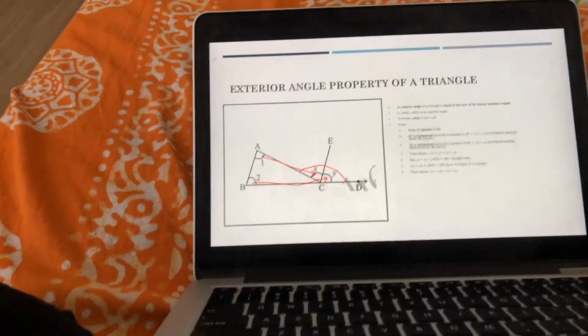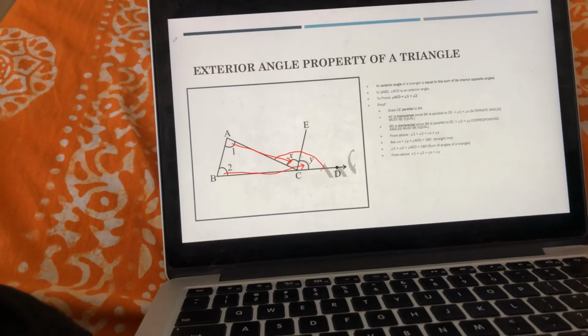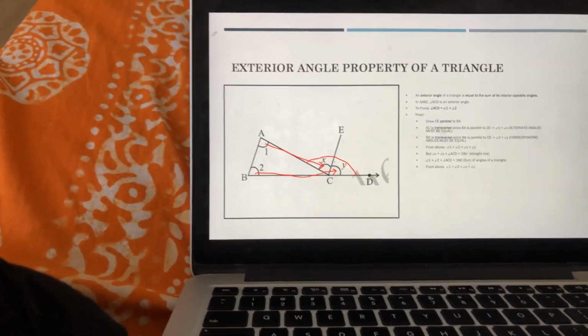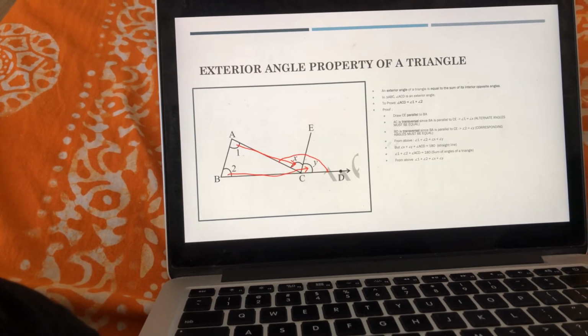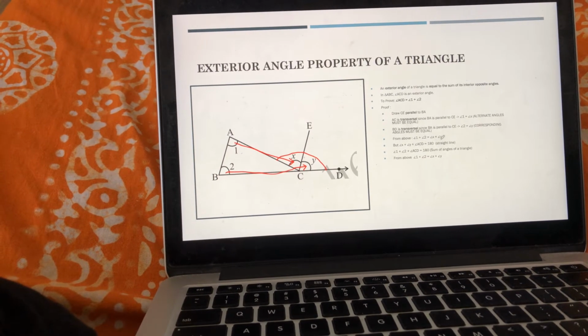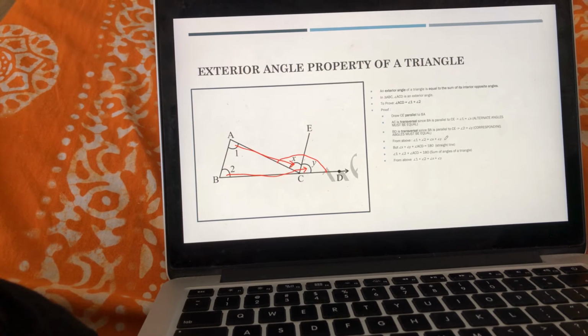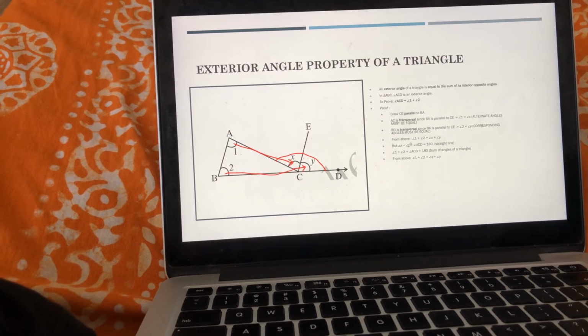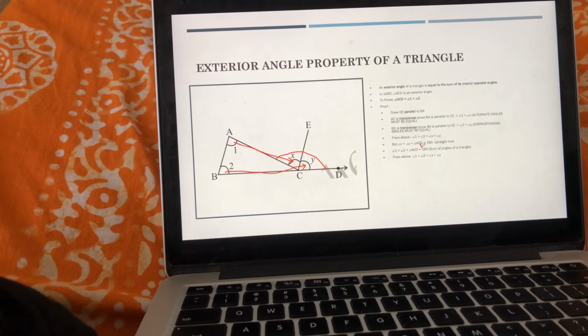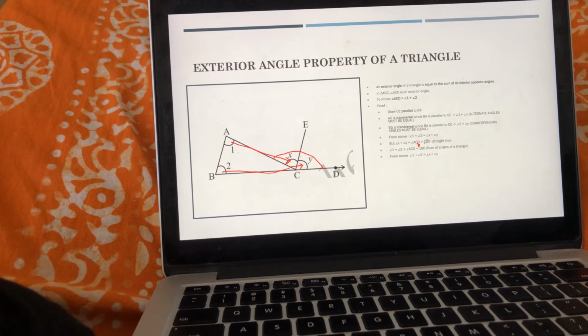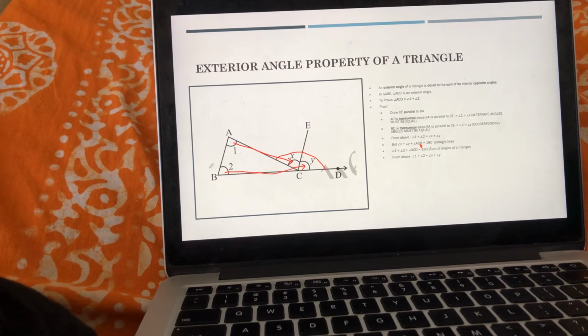From this exterior angle property, we can also derive the previous property, that is the angle sum property. Let's look into how we do it. We have come till here: angle 1 plus 2 is equal to angle x plus y. But angle x plus y and angle ACB, sorry, this is B, should be equal to 180 degrees.